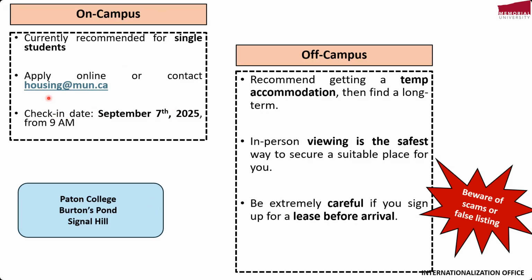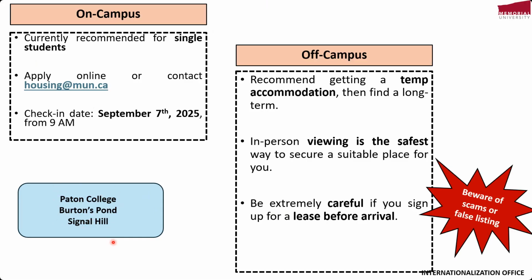The other thing is there are three buildings on campus: Patton College, Burton's Pond, and Signal Hill. Patton College and Signal Hill are mostly for single students, and Burton's Pond has family units as well as single units.